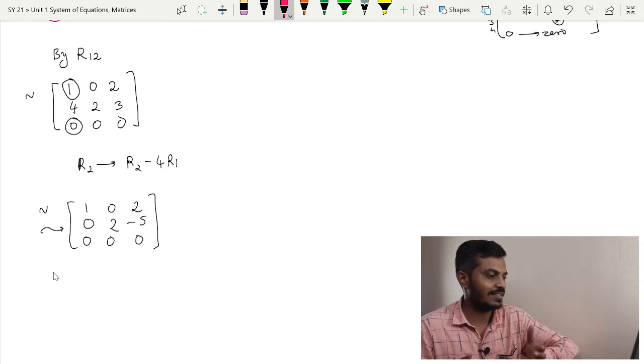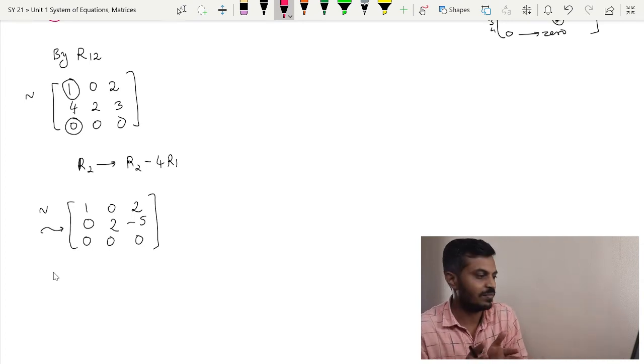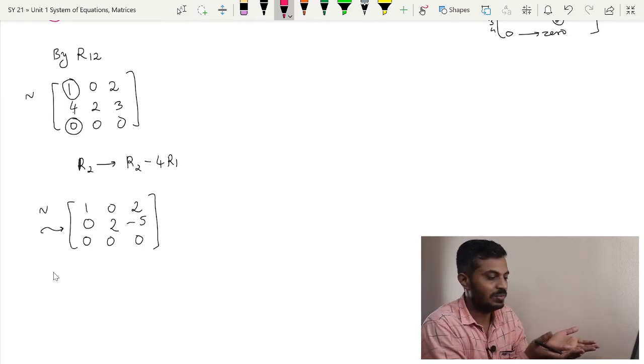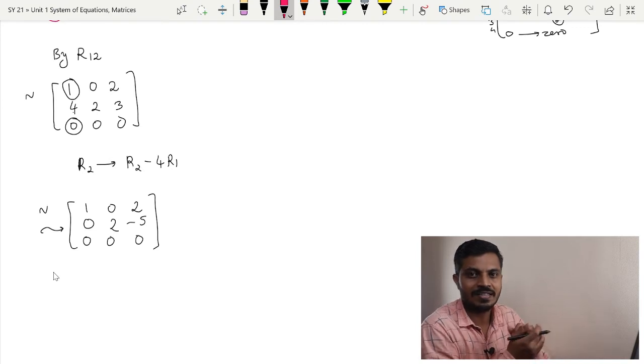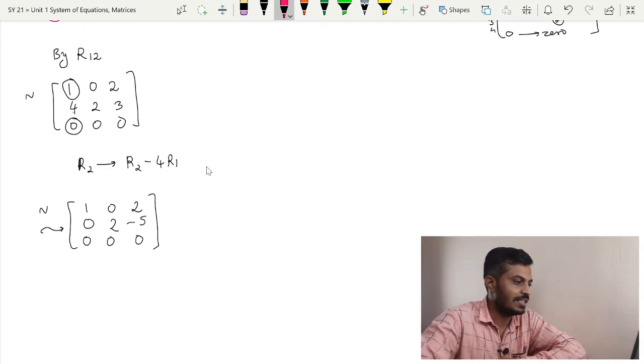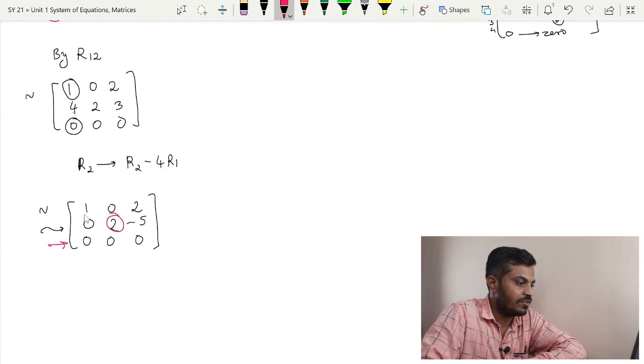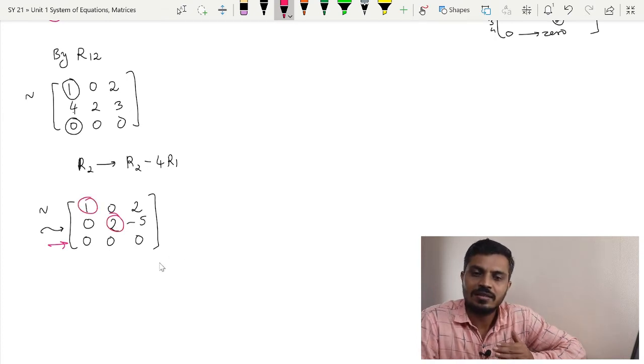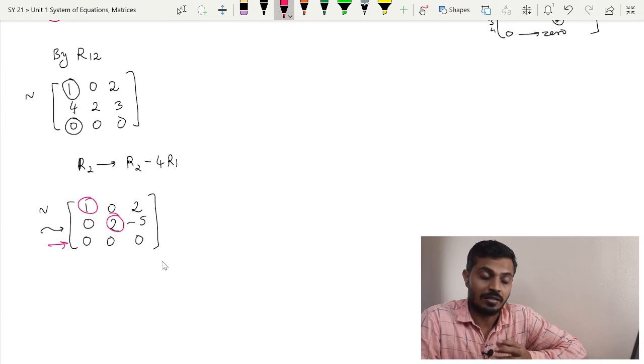As discussed in the last class, I have already given a few examples of matrices in echelon form, and you can see that the two conditions of echelon form are satisfied. What were the two conditions? All the 0 rows should be collected at the bottom, which is there. The second condition was that the leading coefficient of each non-zero row should be on the right hand side of the leading coefficient of the previous row.